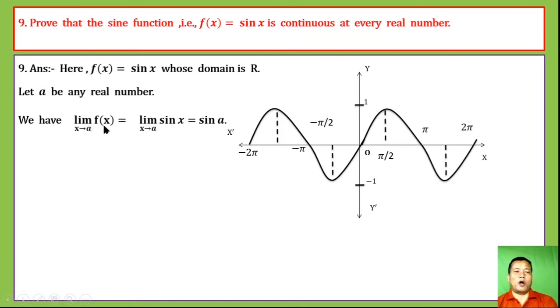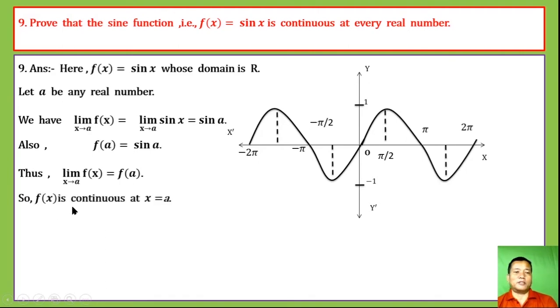We have the limit of f of x as x tends to a is the limit of sine x. Putting x equal to a, we get sine a. Also f of a, the function value, is sine a. Limiting value sine a, function value sine a. Thus limiting value at a equal to function value at a. So f of x is continuous at x equal to a.